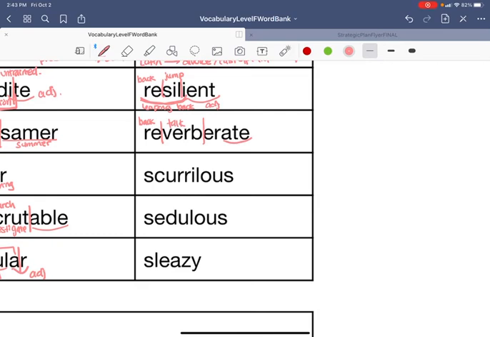So this has that connotation of talking back. So I'm gonna move on to the next word.